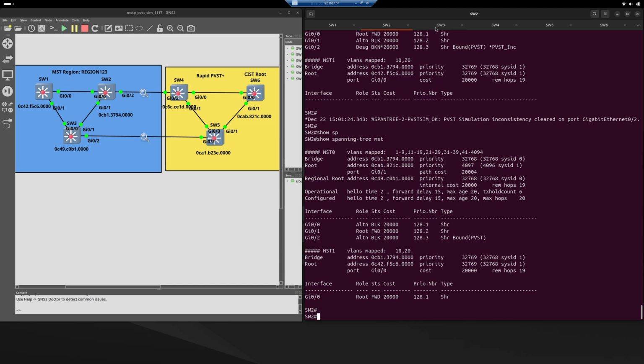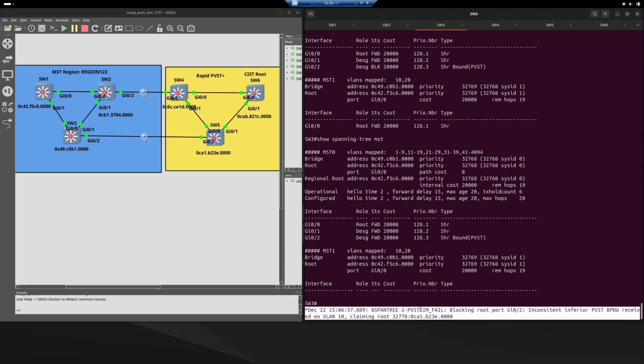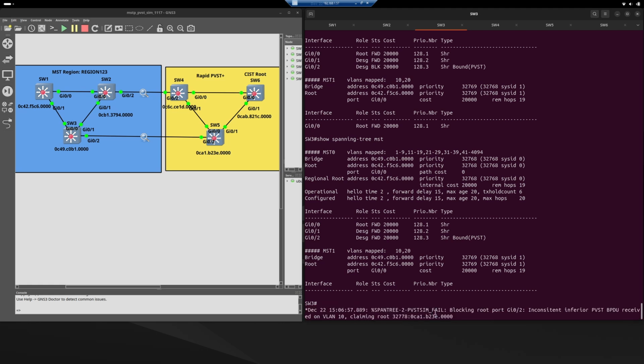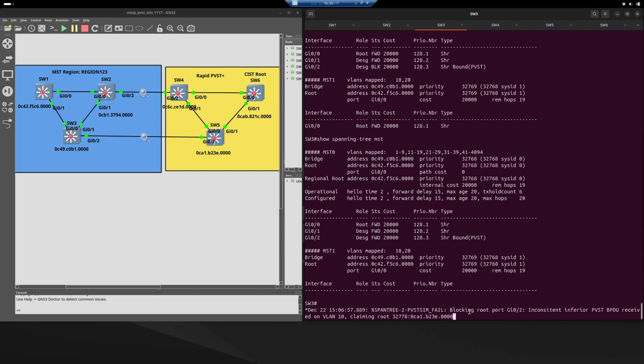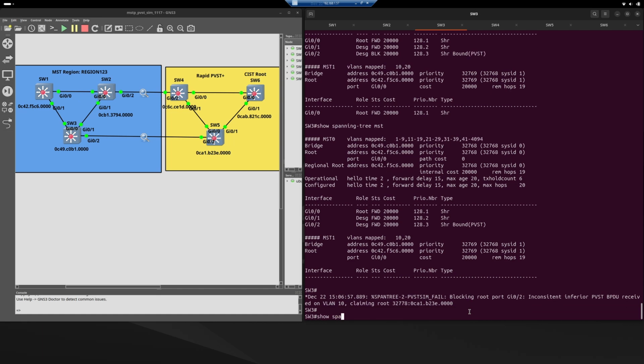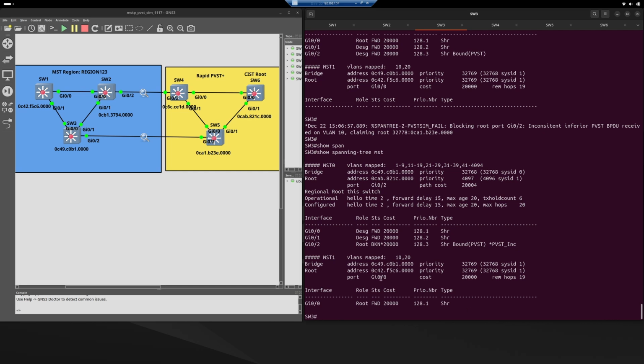On switch 3, we can already see that something is wrong. Again, pvst-simulation failure. We'll show spanning-tree mst, and G0/2 is a root port now, which is understandable. It is facing upstream, the CIST root, but again, it is broken.